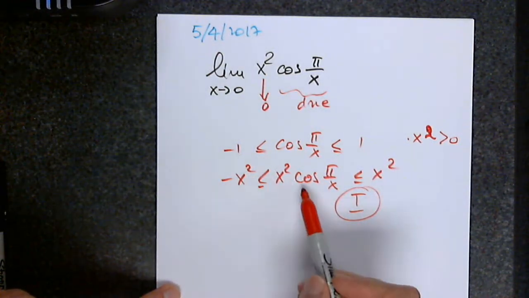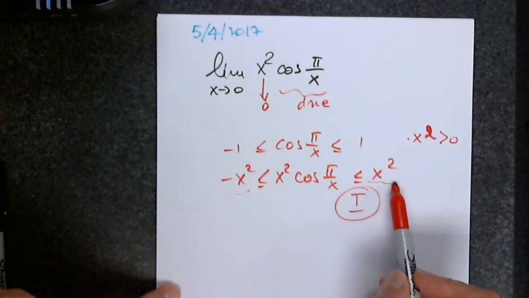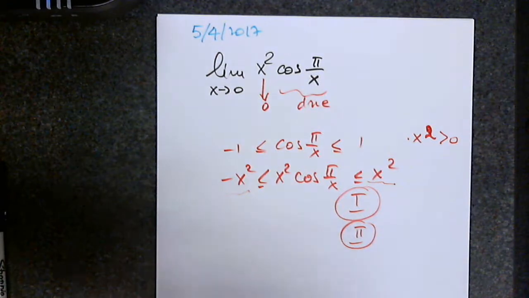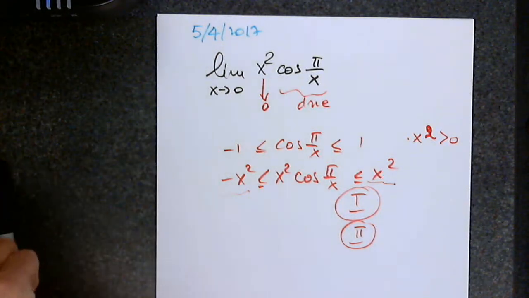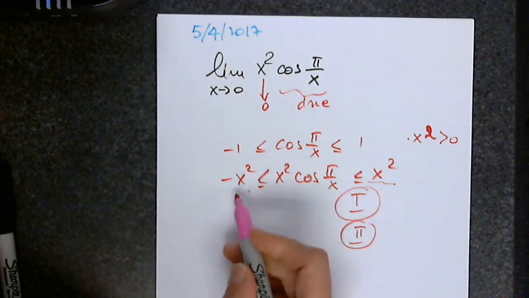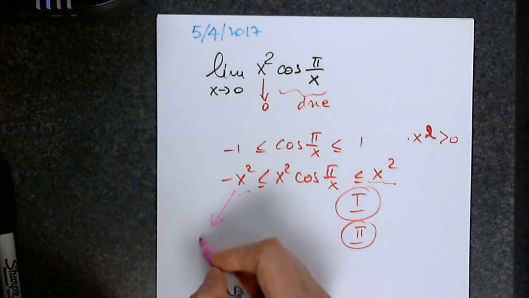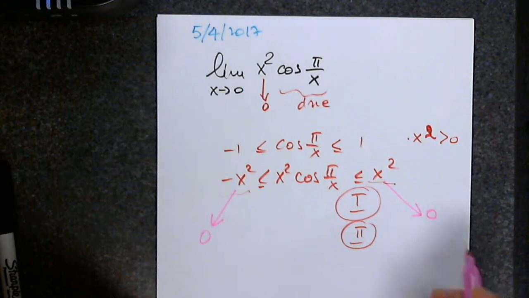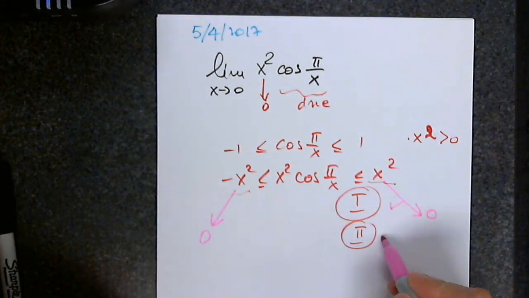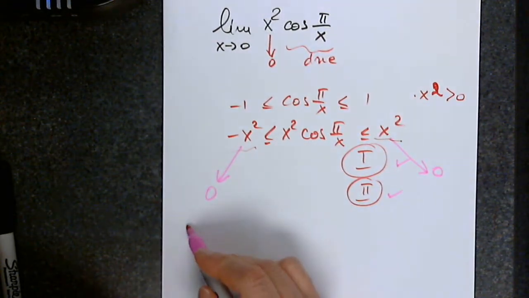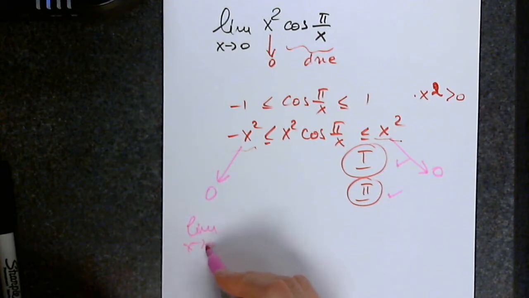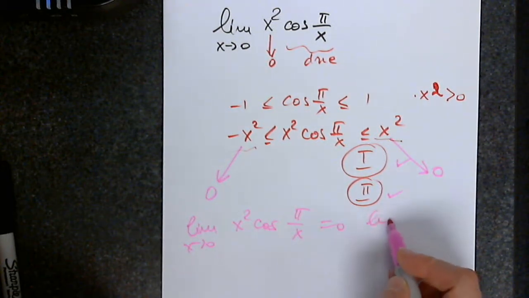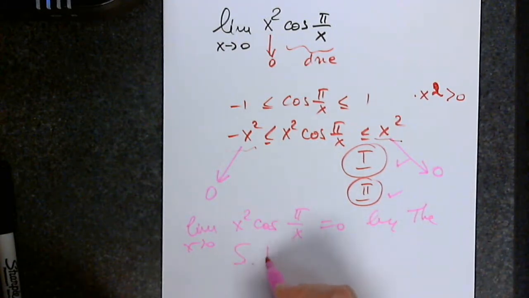So this is the first part of the squeezing theorem. I showed that this function is squeezed between two other functions. The second hypothesis requires us to find the limit of negative x squared when x approaches 0, and it turns out to be 0. And the limit as x approaches 0 of the other side is also 0. Then from 1 and 2, I conclude that the limit as x approaches 0 of x squared cosine of pi over x is 0 by the squeezing theorem.